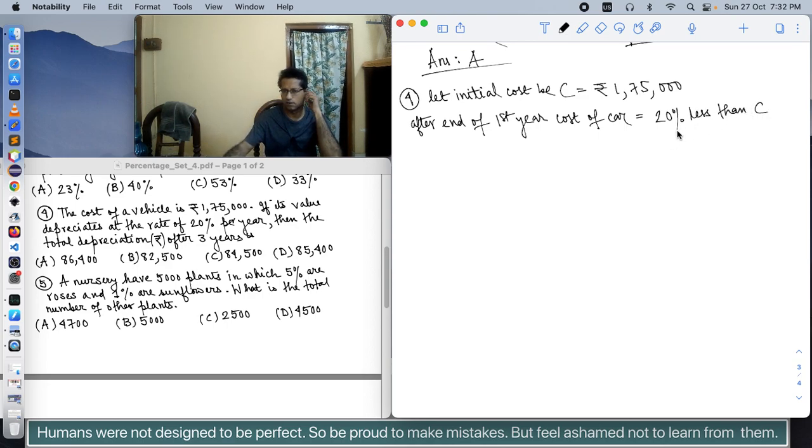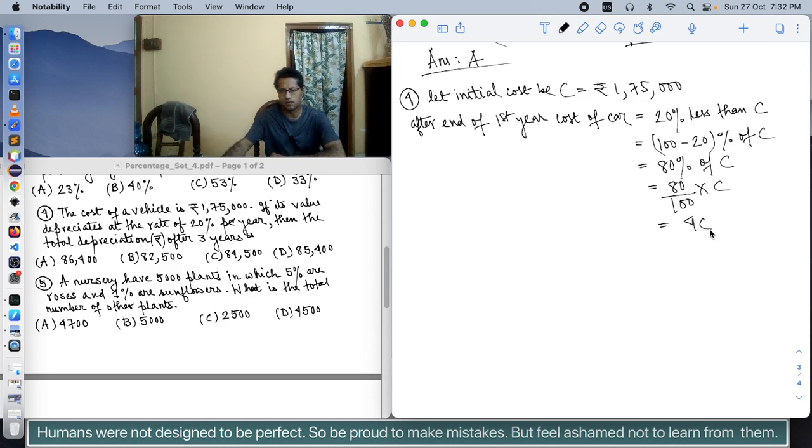Since at the end of every year the cost is decreasing by 20%, at the end of first year the cost of the car will be 20% less than C. 20% less means 100 minus 20% of C. This is equal to 80% of C, which is 80 by 100 multiplied by C, and after simplification is 4C by 5.